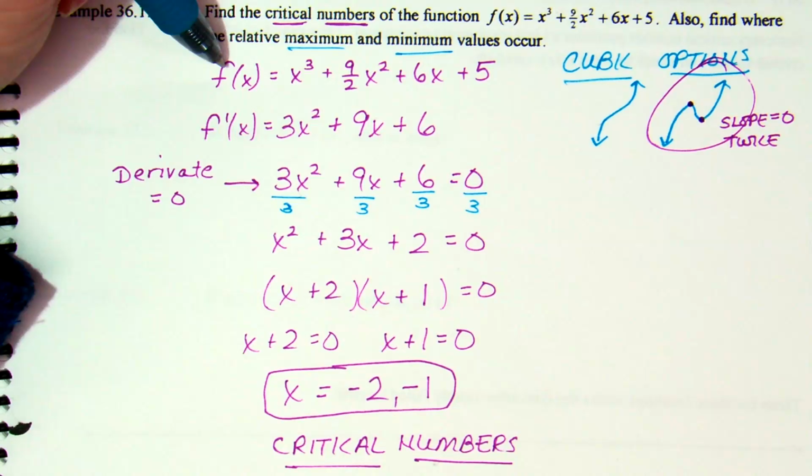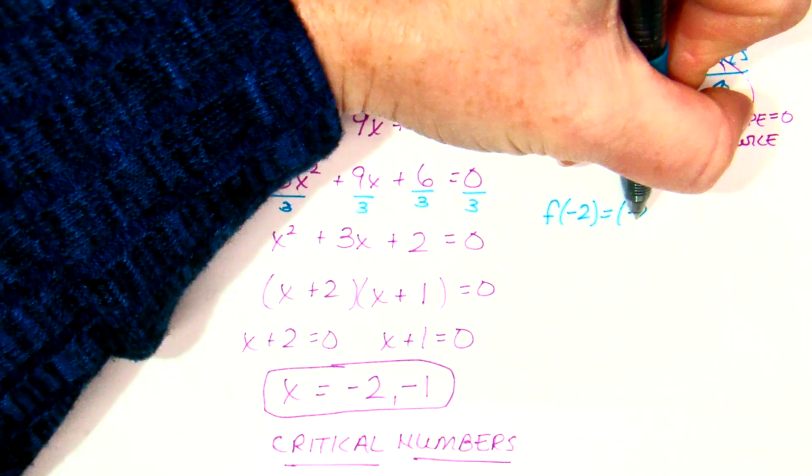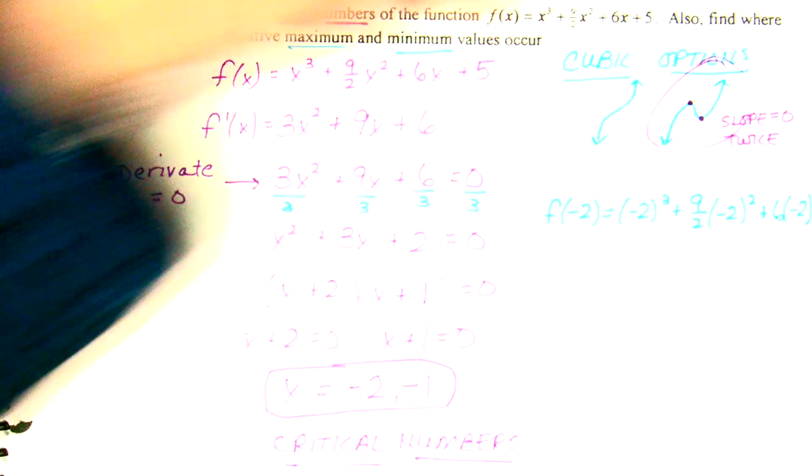So we want to know how high or low the graph goes. So that means I'm finding f of -2. -2 to the third plus 9/2 times -2 squared plus 6 times -2 plus 5.